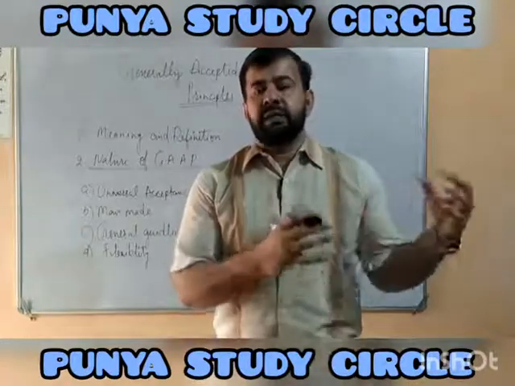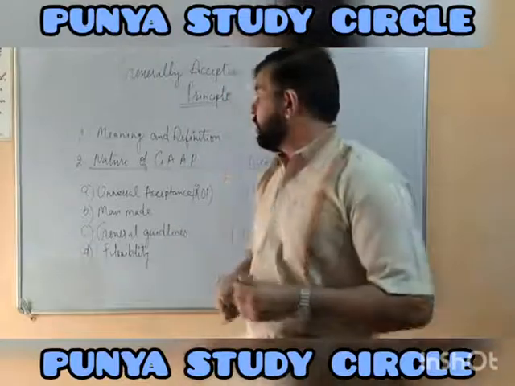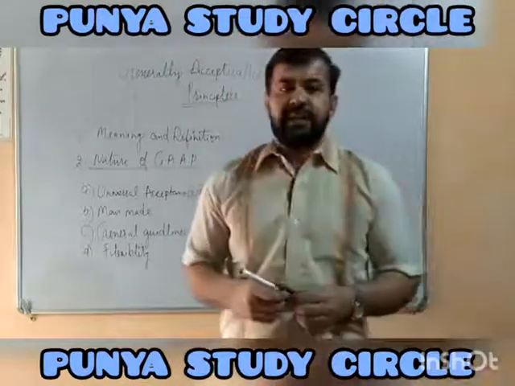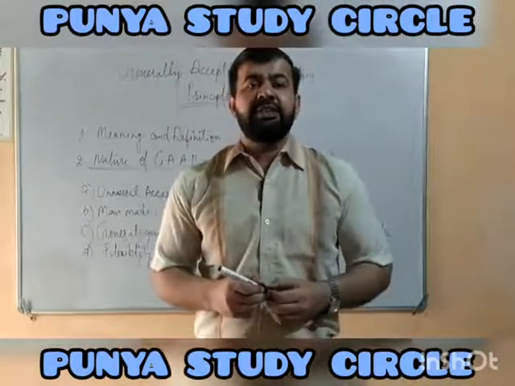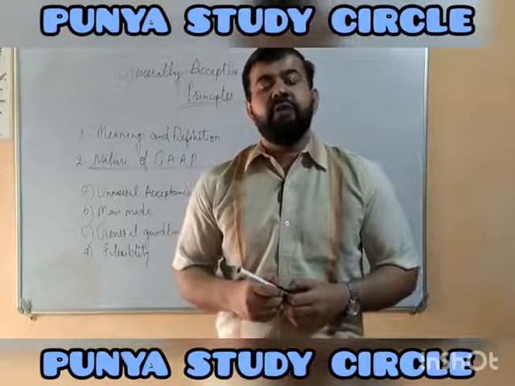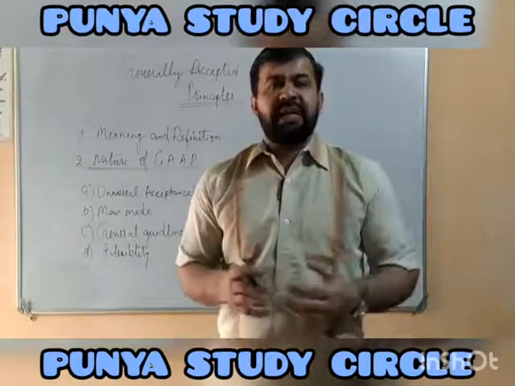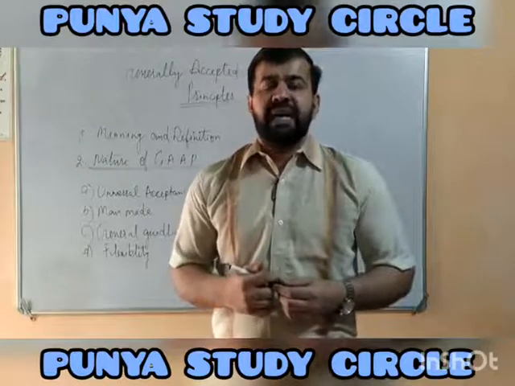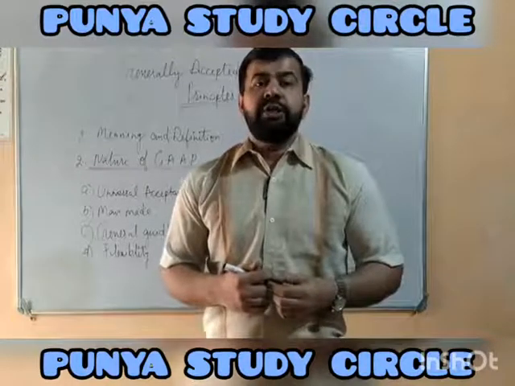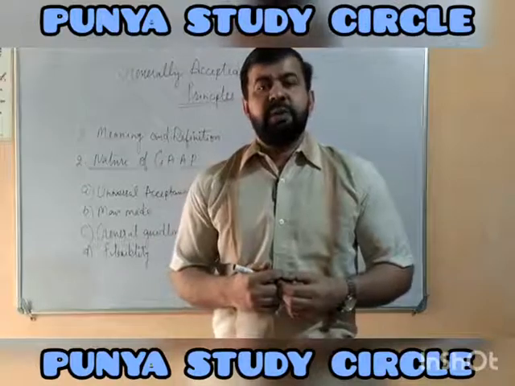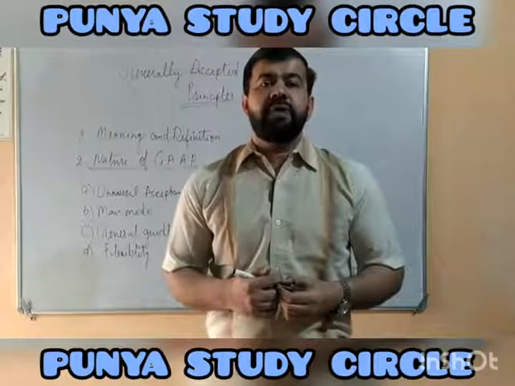So here let me tell you about the definition as per the Securities and Exchange Commission of the United States of America. They said accounting principles are a collection of commonly used and followed accounting rules and procedures for the purpose of financial reporting of the company.